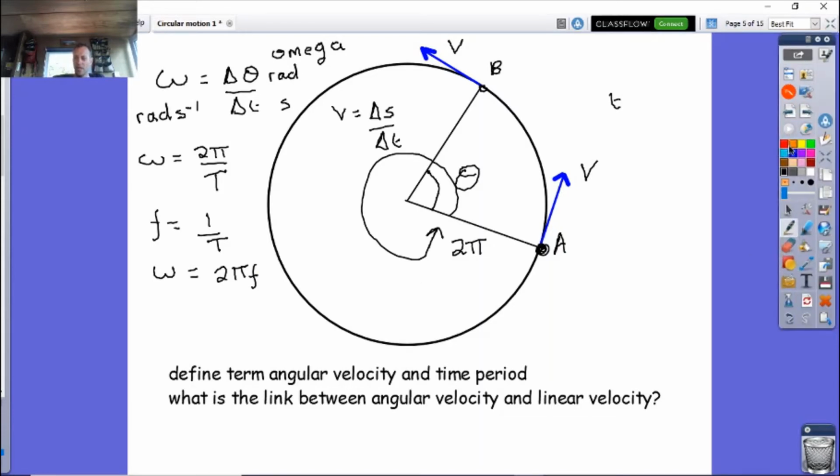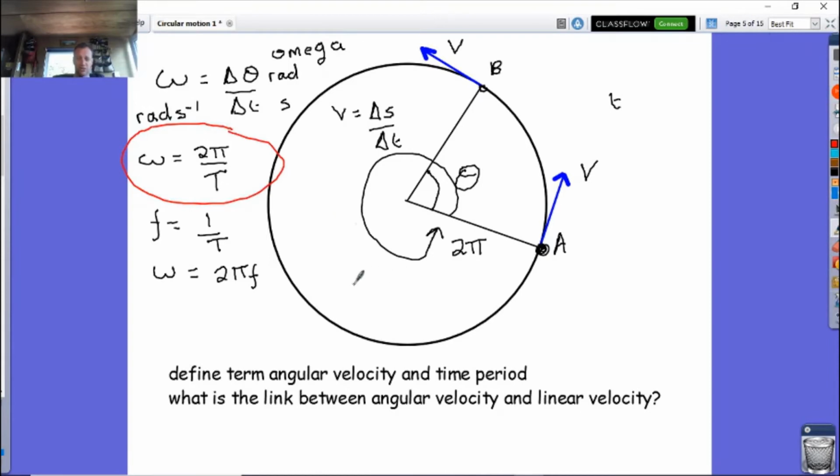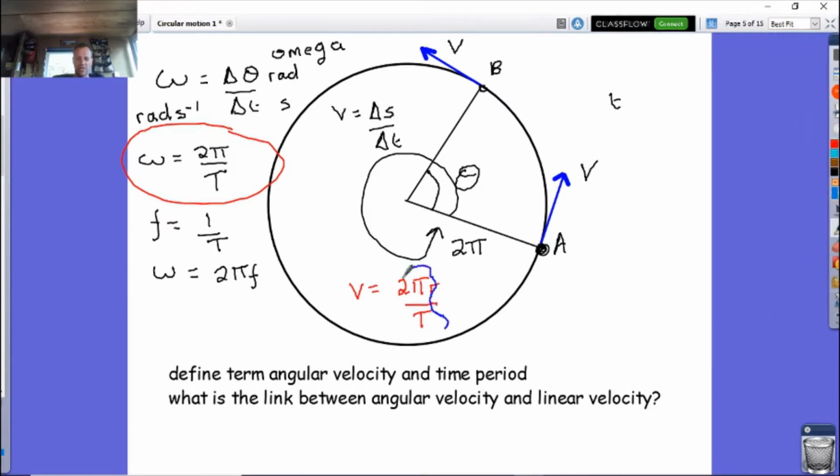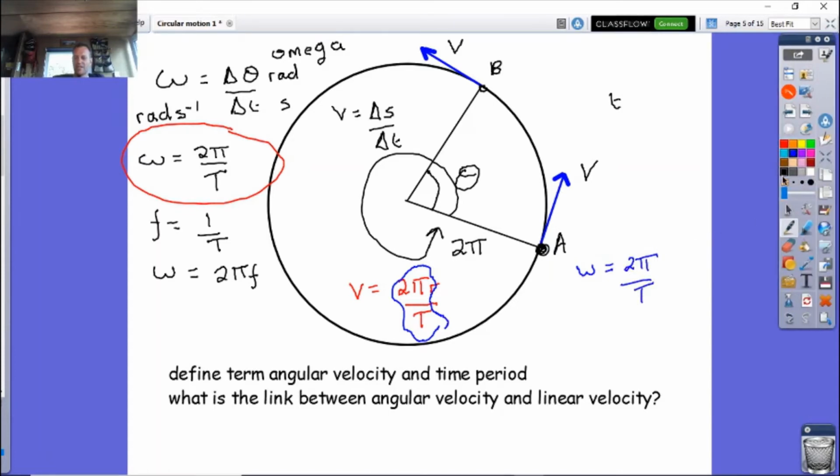Don't I know already that v equals 2 pi r over t, correct? Therefore, haven't I got this bit already, 2 pi over t, because I know omega equals 2 pi over t? Doesn't it make sense now?